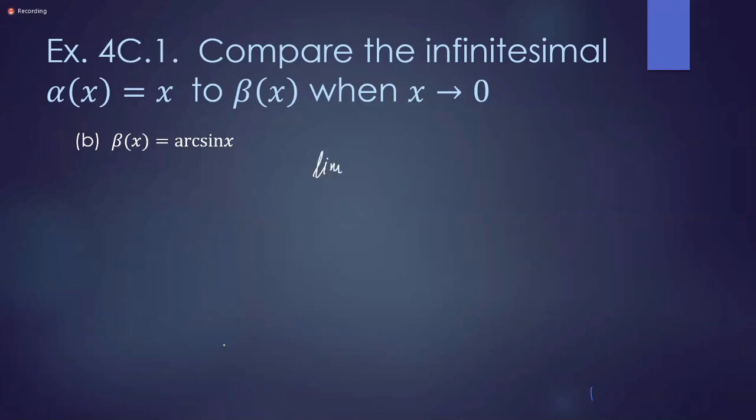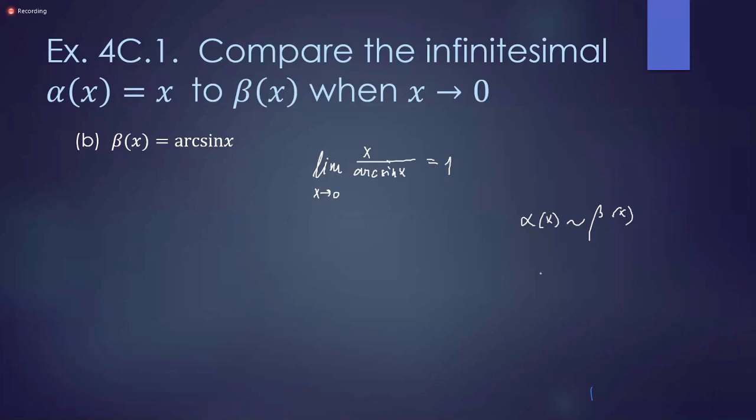So we could say that in this case alpha of x is equivalent to beta of x, because the limit is equal to 1. If the ratio tends to 1, then these functions are called equivalent.